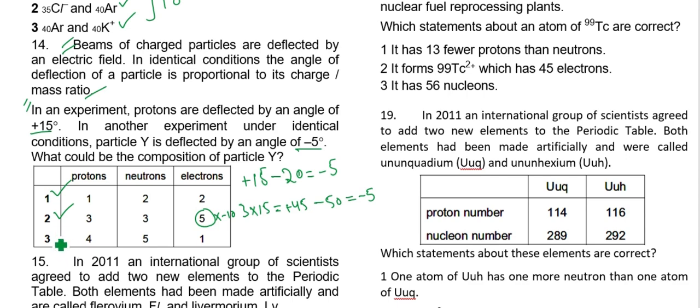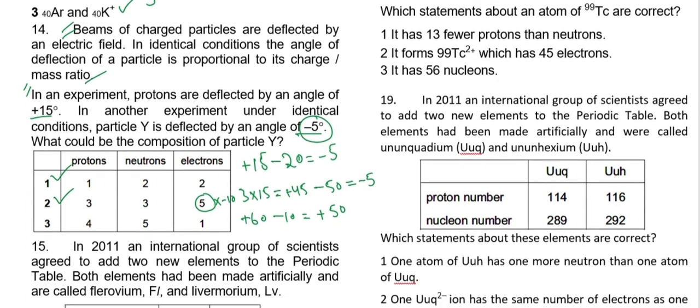But in suggestion 3 we cannot say that, because 4 times 15 is plus 60, but only one electron, -10, gives plus 50. This is not the right degree of angle, which is -5 for particle Y. So suggestions 1 and 2 are correct in this case.